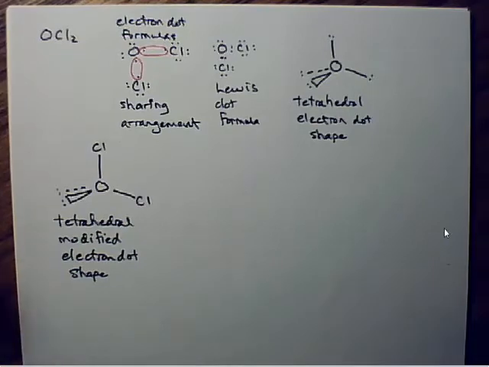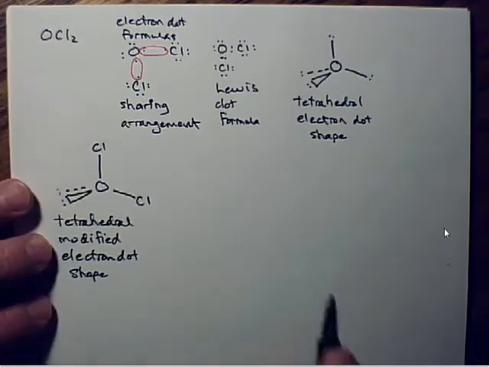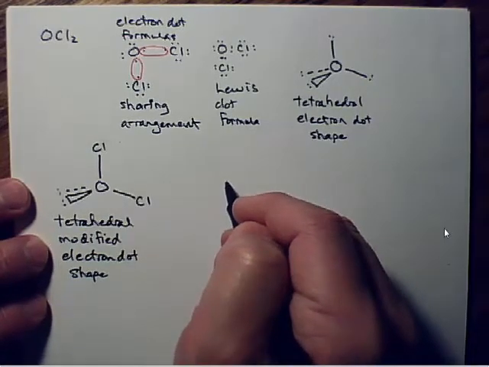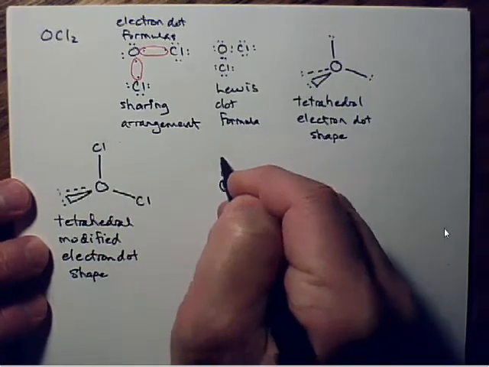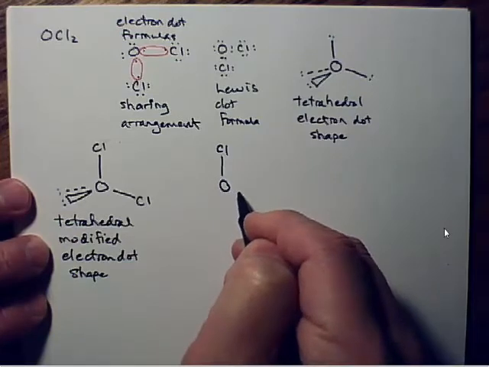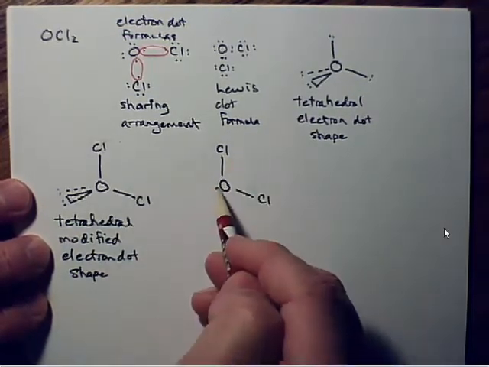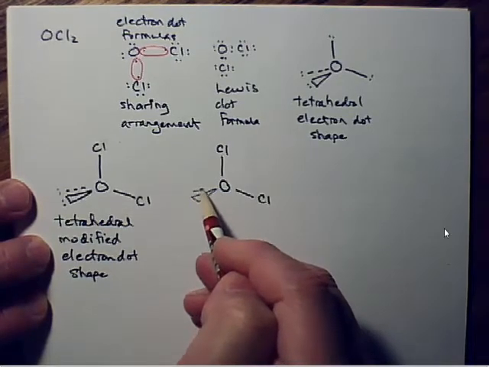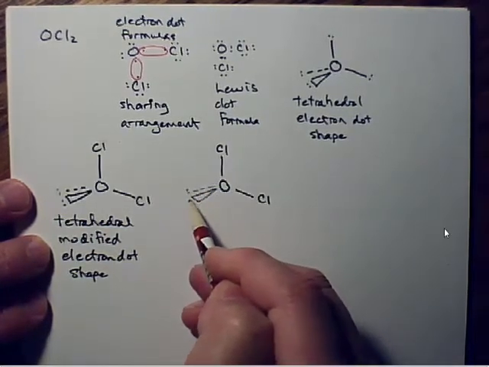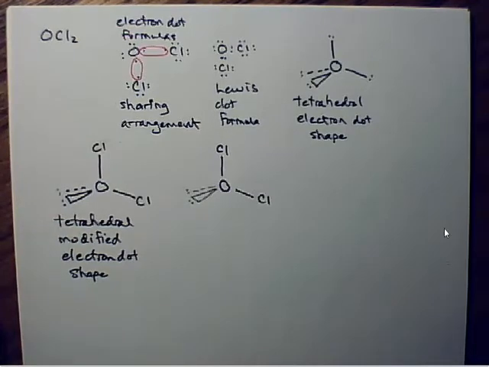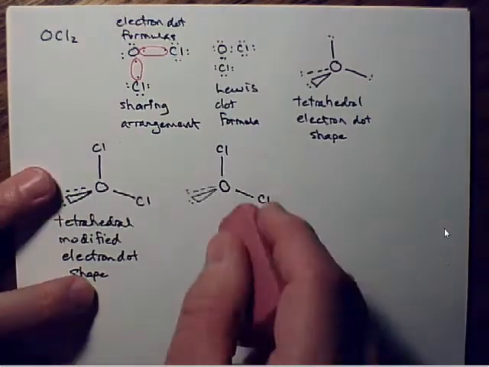All right, now we have one more step to find what's called the actual molecular shape. I want to redraw this exact same thing. And to get the molecular shape, we're going to erase the arms and the lone pairs that are on those arms.